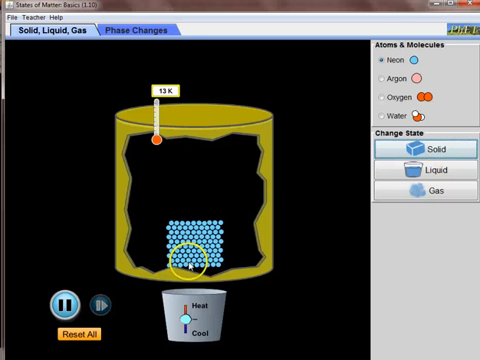You can also see that they are vibrating at their positions. Can you see it? They are moving at their positions. Yes, they are vibrating. Now there is a little lag between me and you, so you may not see it as clearly as I do, but when you do the lab, you will see that each particle is vibrating at its position.